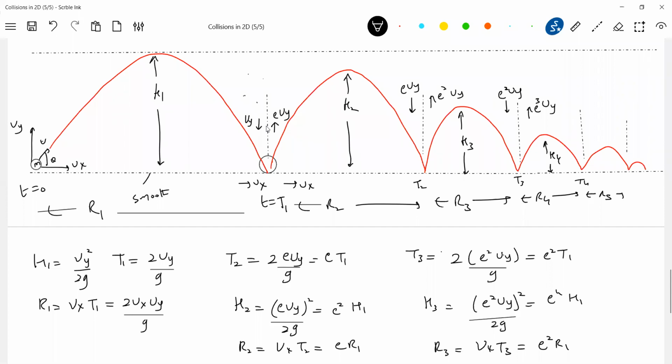Finally, what will happen? Finally, the ball will have only the x component of velocity, no? After n collisions, the y component will keep on decreasing, and after a long time the ball will be just moving horizontally, because nobody is there to decrease Ux.